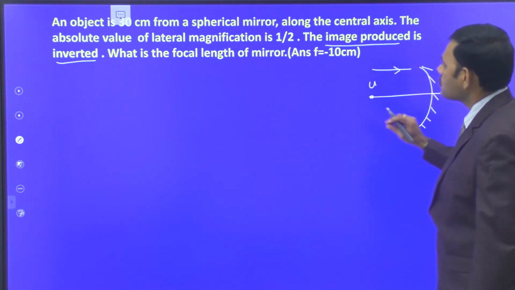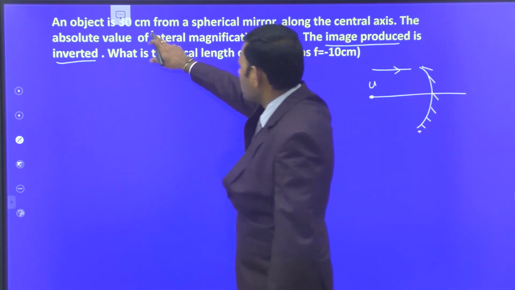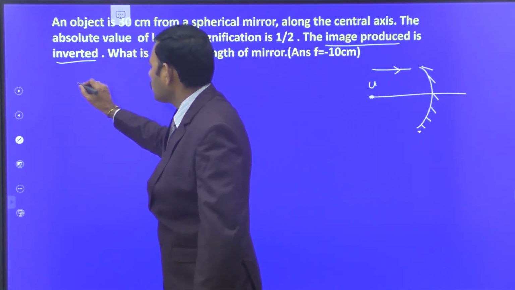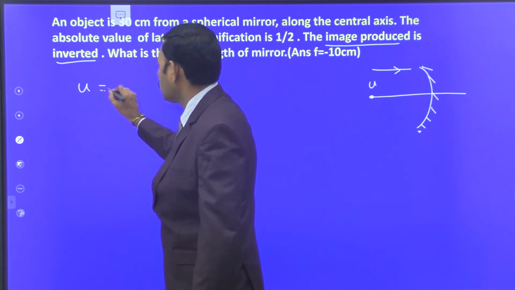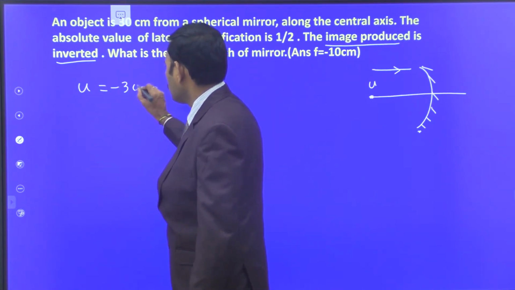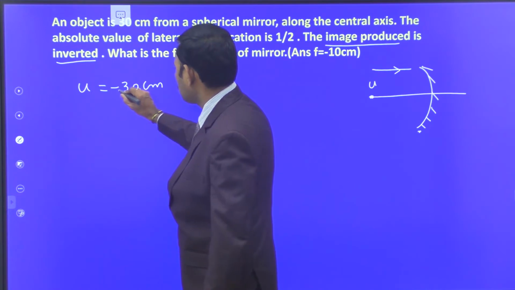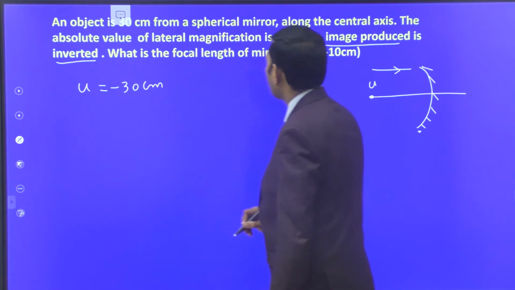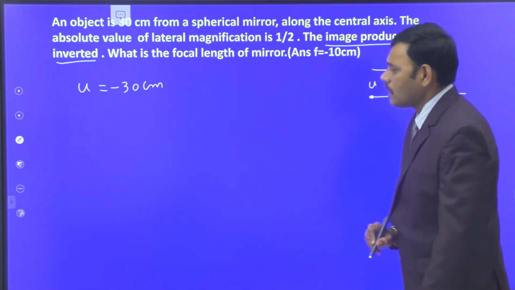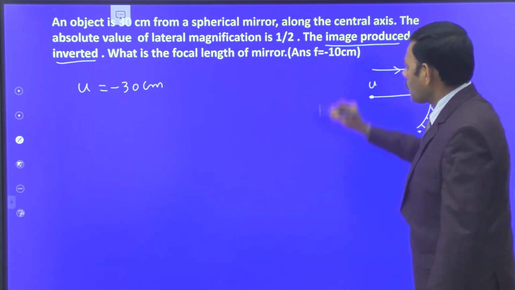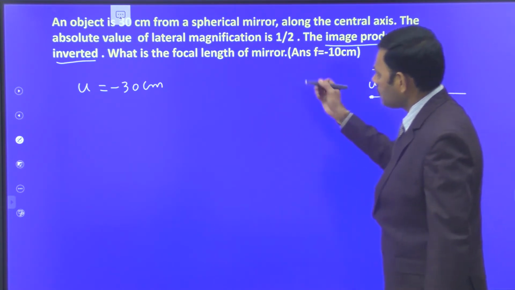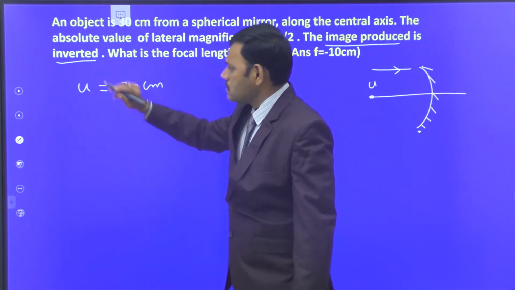Here the object distance is given as 30 centimeters, but the object is on the left side of the pole of the mirror. So including sign convention, the object distance is minus 30. This minus sign is also very important to get the correct answer. And magnification is 1/2, that is okay, but the image is inverted.